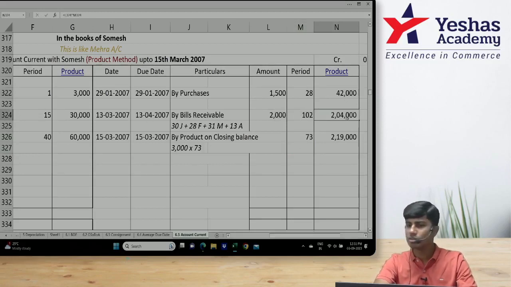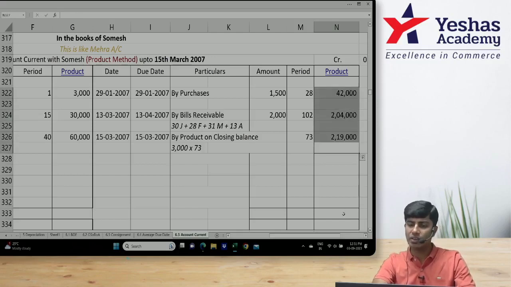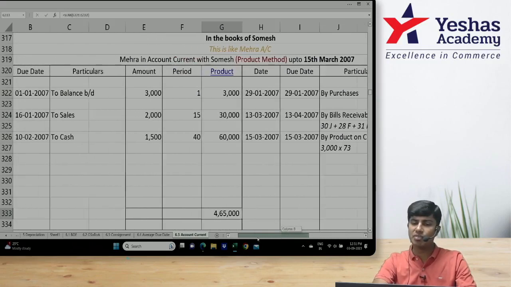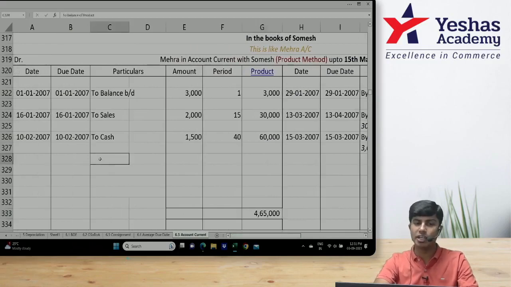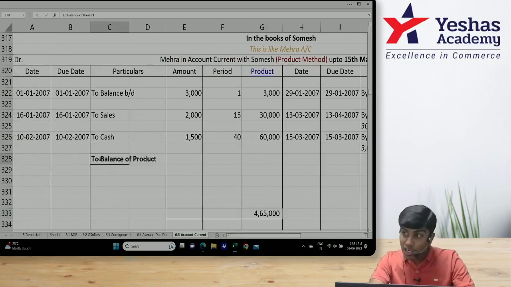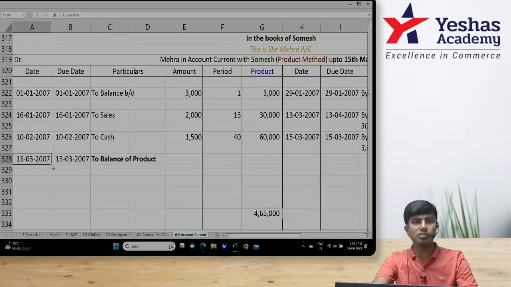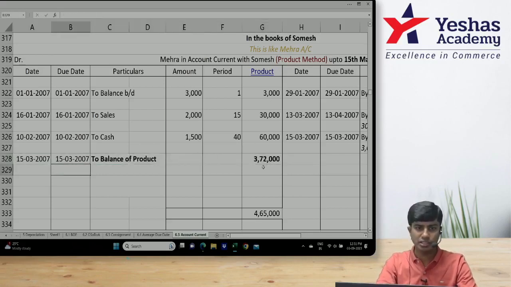The credit side total is 219 plus 204 plus 42: 4,23,000, 4,33,000, 4,65,000. Now when we find the balancing figure, interest should be written on the debit side only. That is the third point, no? What is the balancing figure? 465 minus 93: 3,72,000.